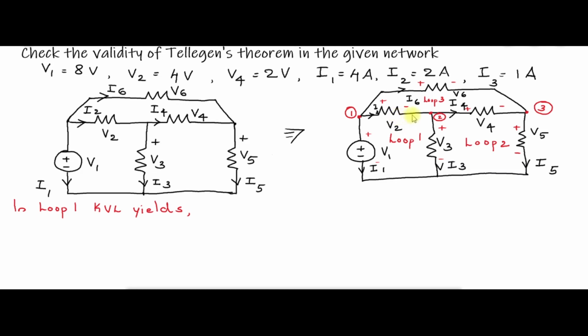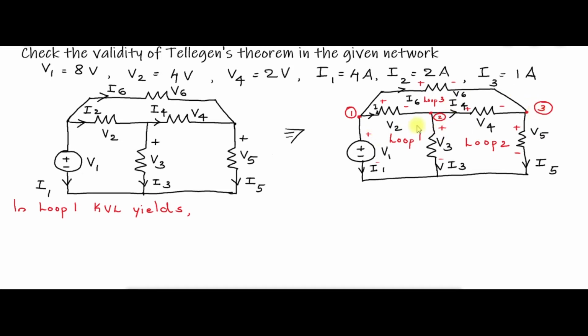You have to apply KVL in all these 3 loops. After applying KVL, you will get the other voltages, that is, V3, V5 and V6. Then you have to apply KCL. For that, I have created nodes. This is your first node, this is your second node and this is your third node.